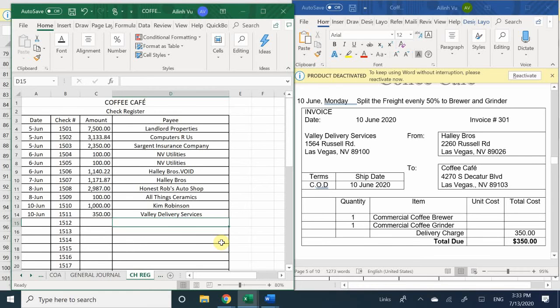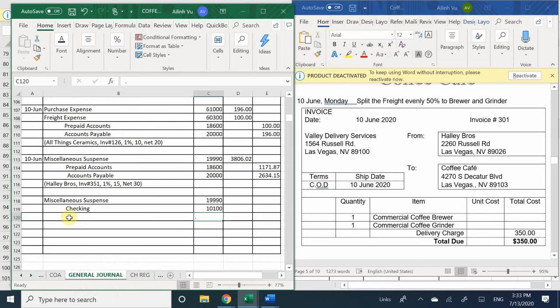Okay, so now that we wrote our check, we're gonna finish our description off over here in our general journal.